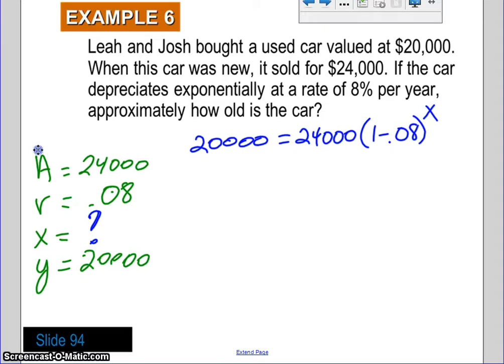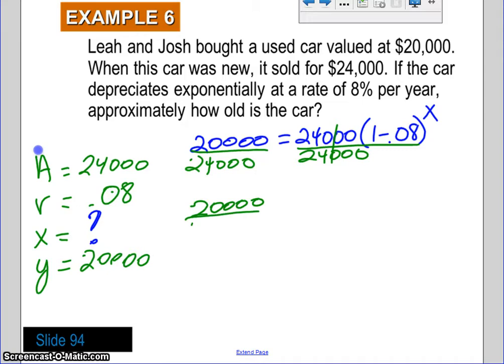Let's do some of what we can. The first thing we're going to do is divide both sides by 24,000. We're going to leave that in terms of that for right now. So I've got 20,000 divided by 24,000 equals, and 1 minus 0.08 is 0.92, so it's 0.92 to the x power.